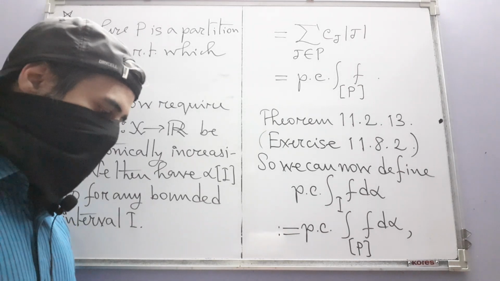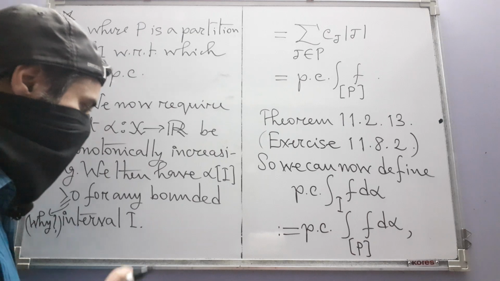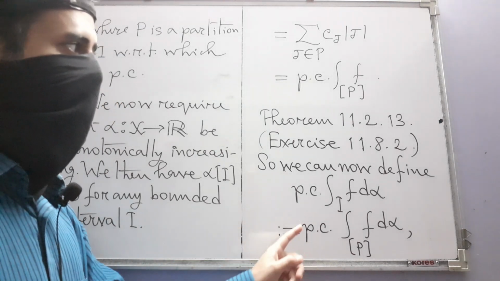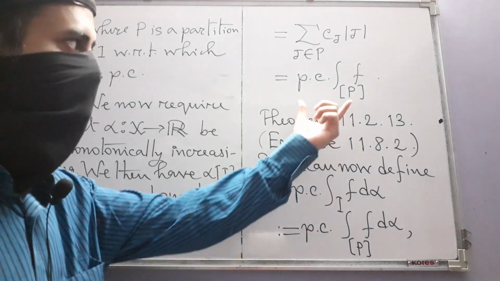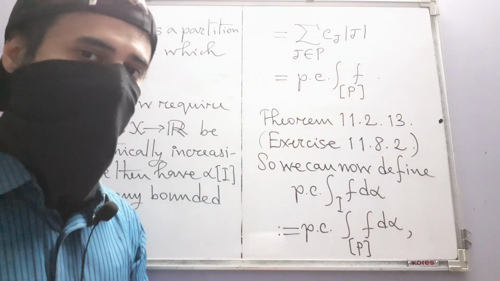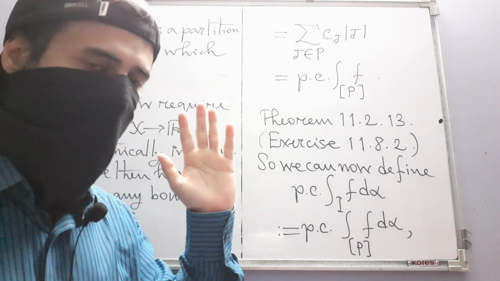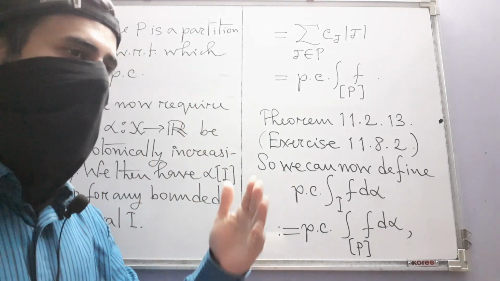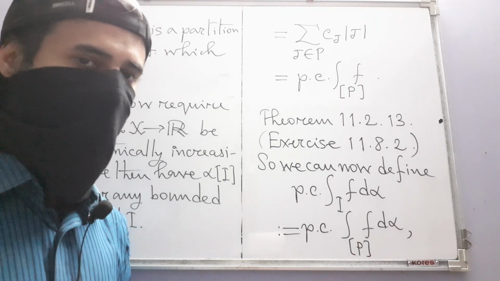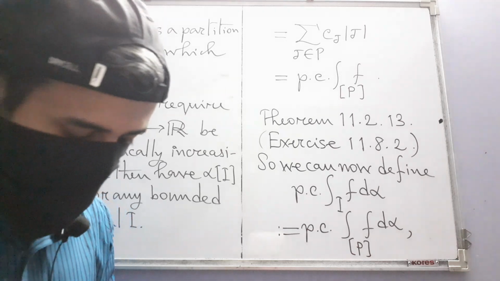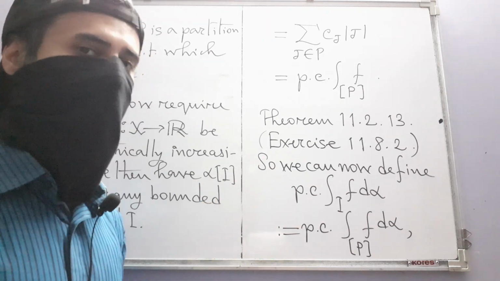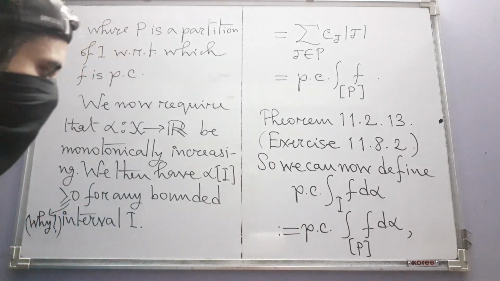And with this restriction on alpha, we can then have an analog of that theorem which gives us properties of the PC Riemann integral, which we already did back then, where you show that the sum of 2 functions which are both PC also is PC and whose integral is the sum of the integrals, those things.